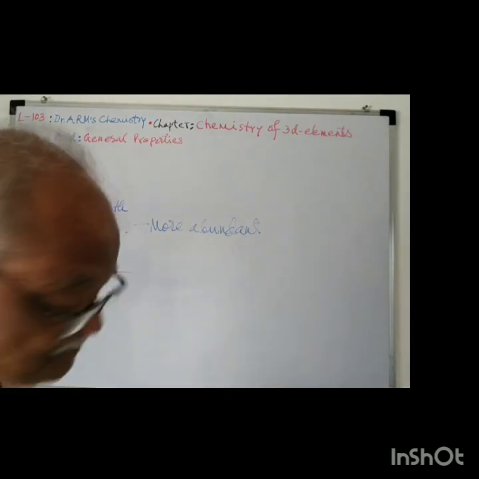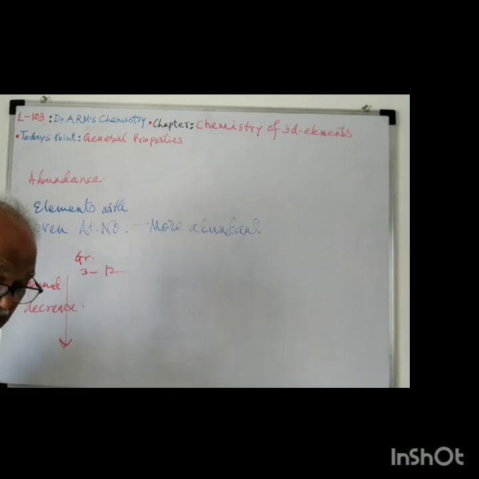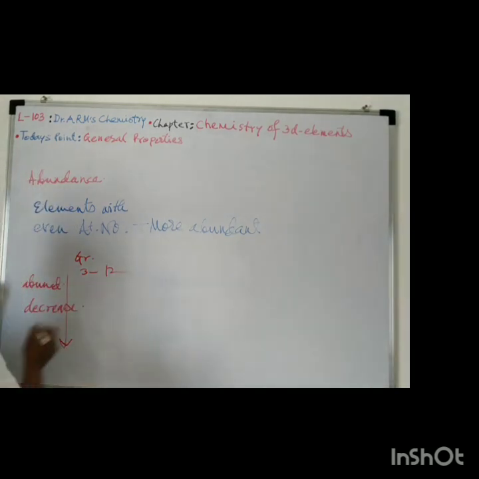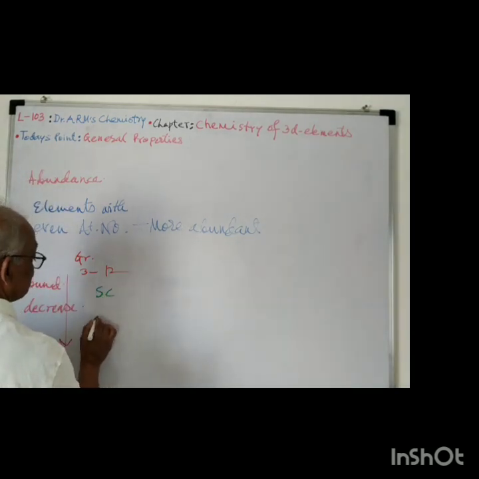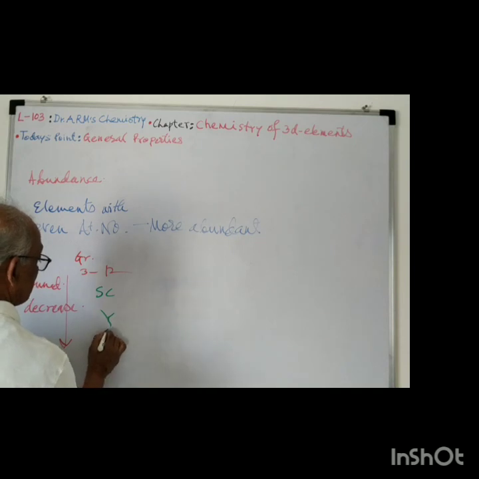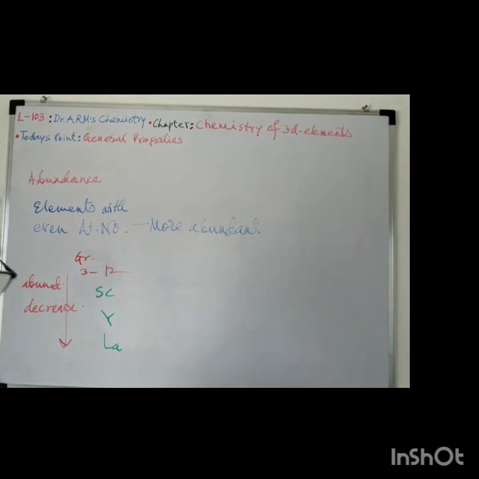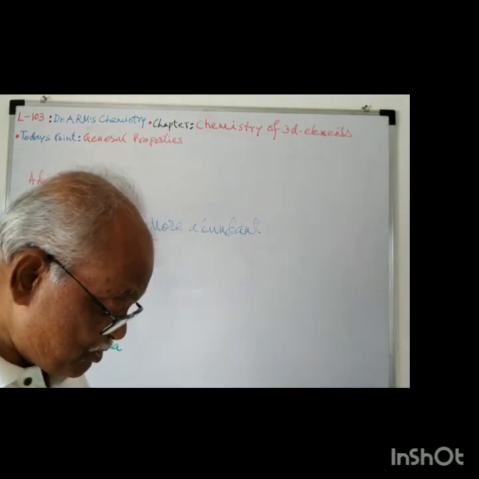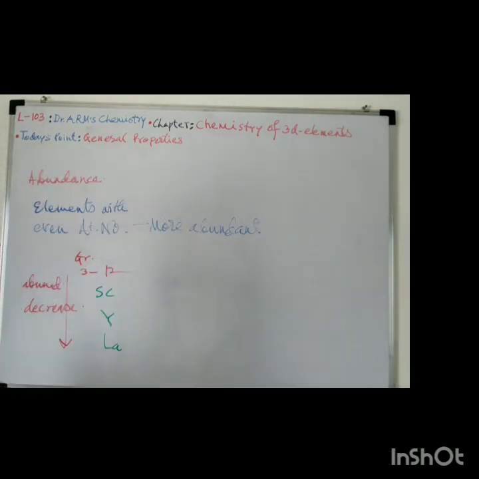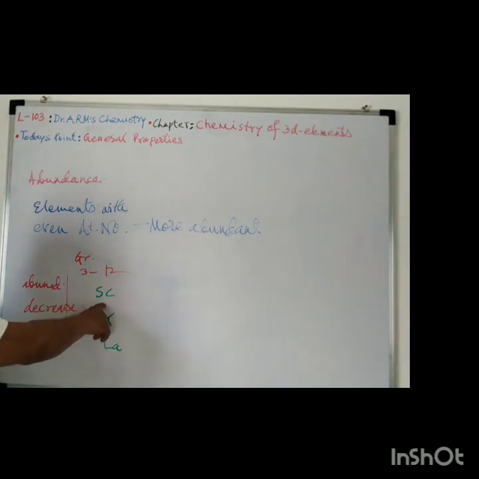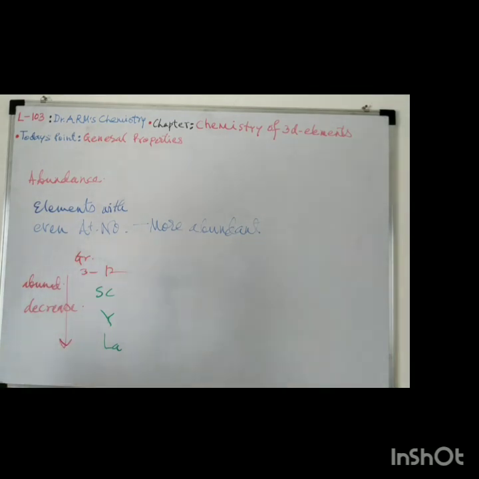For example, with scandium, yttrium and lanthanum, the abundance decreases in this direction. Scandium, the 3d group element, is most abundant in this case, then next is yttrium, then lanthanum.